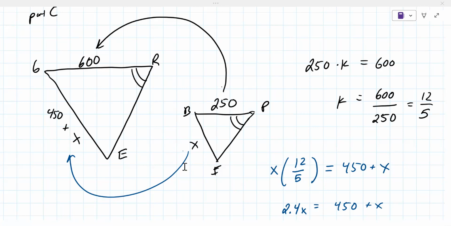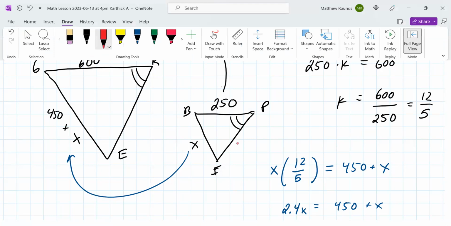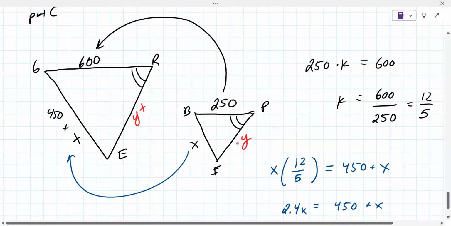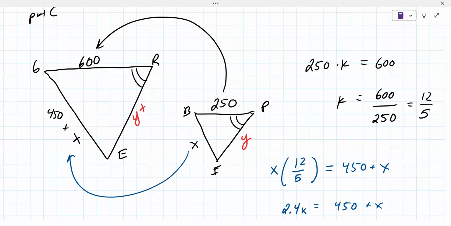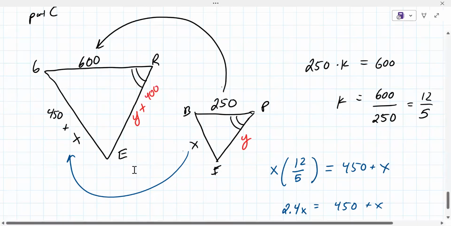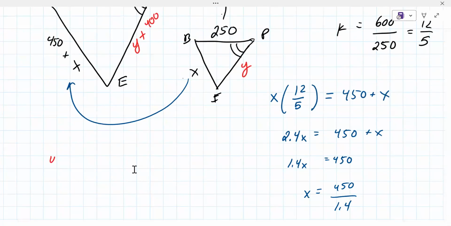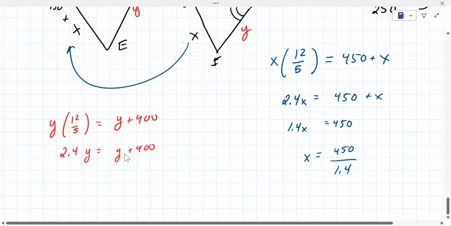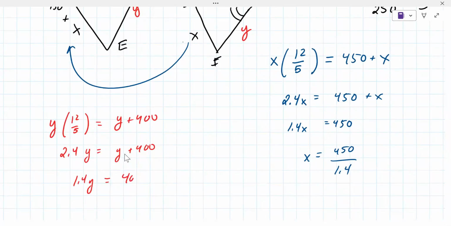I would have expected it to work out nicely because we need to do the same thing to find the other one. So the other one here, we'll call this Y, and this is Y plus 400. It's the same thing. Y times 12/5 equals Y plus 400. So 2.4Y equals Y plus 400. 1.4Y equals 400.